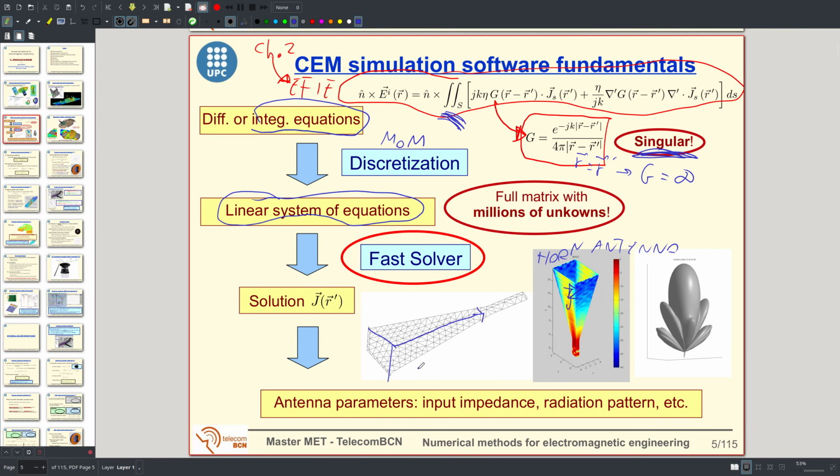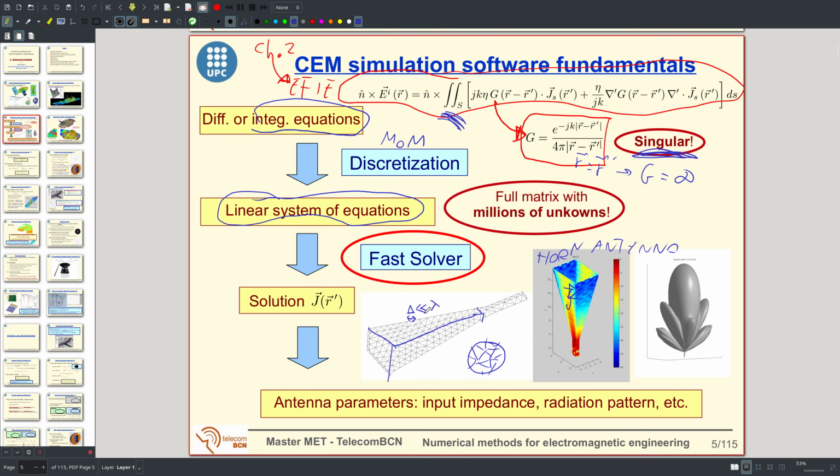It has been discretized into thousands or tens of thousands or maybe hundreds of thousands of small triangles that model the surface. Why triangles? Because with triangles you can also easily discretize curved surfaces like, for example, a sphere. So you discretize the surface, but you need your discretization cells to be much smaller than the wavelength. The size delta of these triangles must be much smaller than the wavelength.